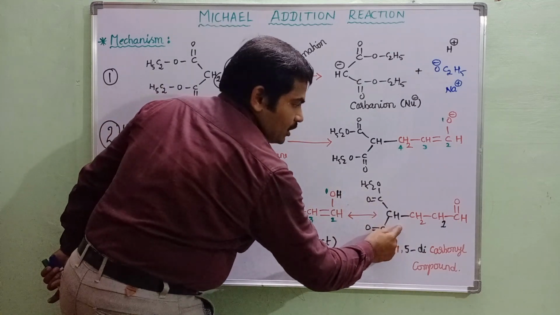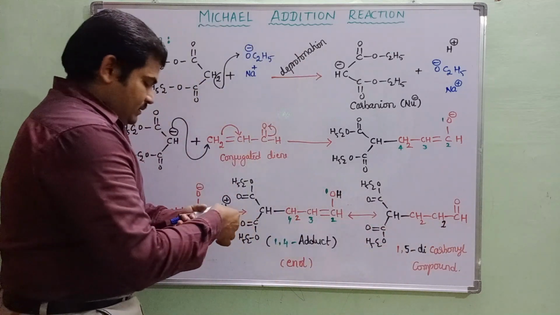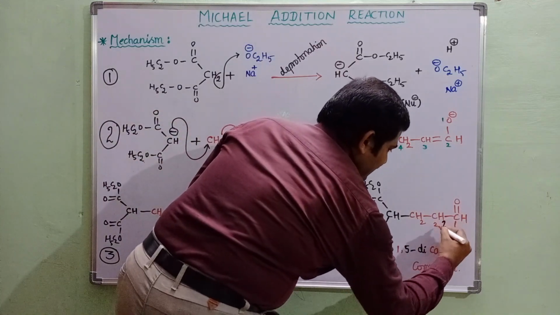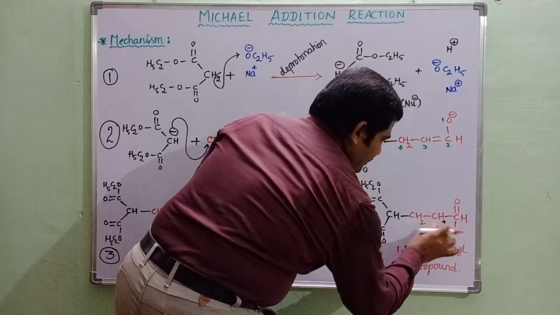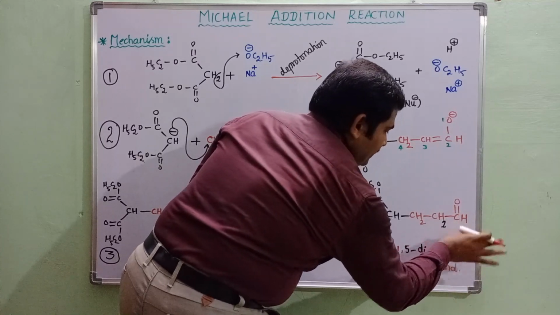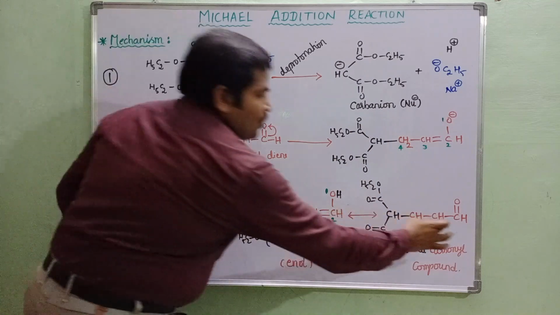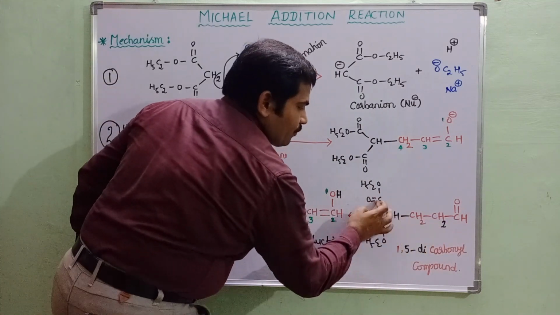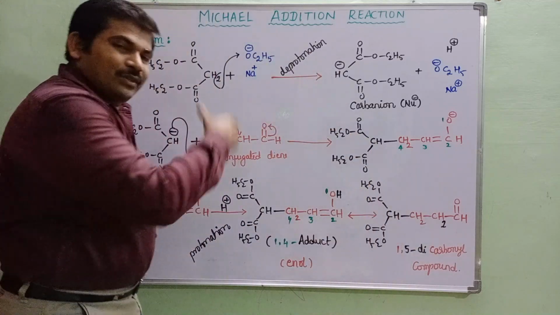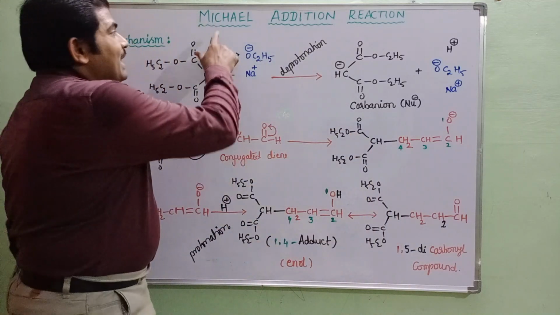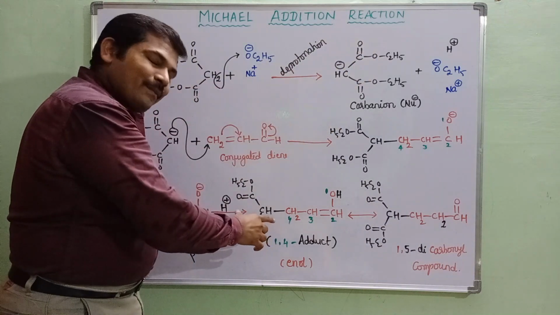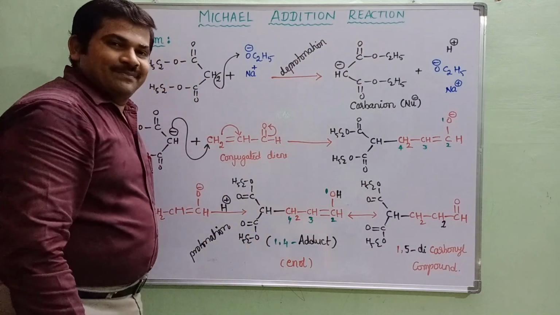Based on the nomenclature, this is the first carbon atom, this is the second carbon atom. See, there is a confusion after putting these particular numbers. That's why I am not giving the numbers there. 1, 2, 3, 4, 5. 1,5 dicarbonyl compound. So this is the mechanism involved in the Michael addition reaction. With this, the mechanism of the Michael addition reaction is finished. Okay, thank you.